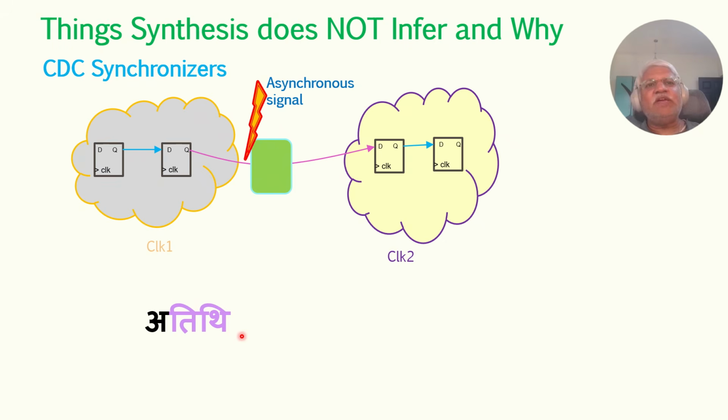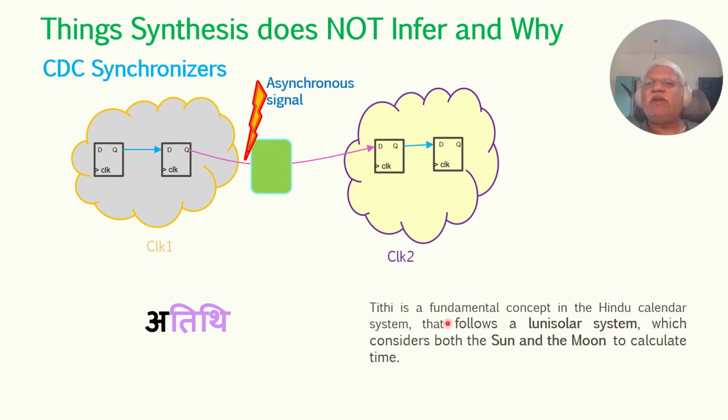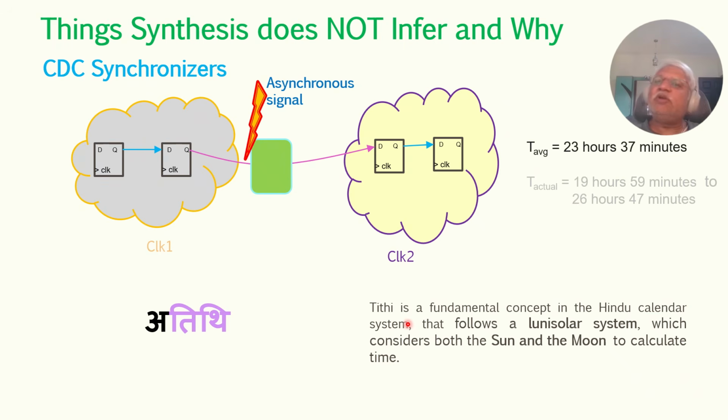But actually, tithi is a fundamental concept in the Hindu calendar system, which follows a lunisolar system that considers both the sun and the moon time. This tithi has an average time period of 23 hours and 37 minutes, and its actual time varies from 19 hours to 26 hours.